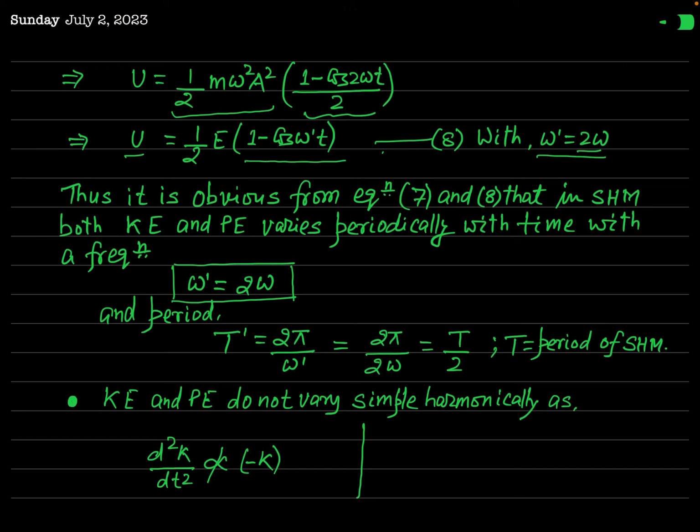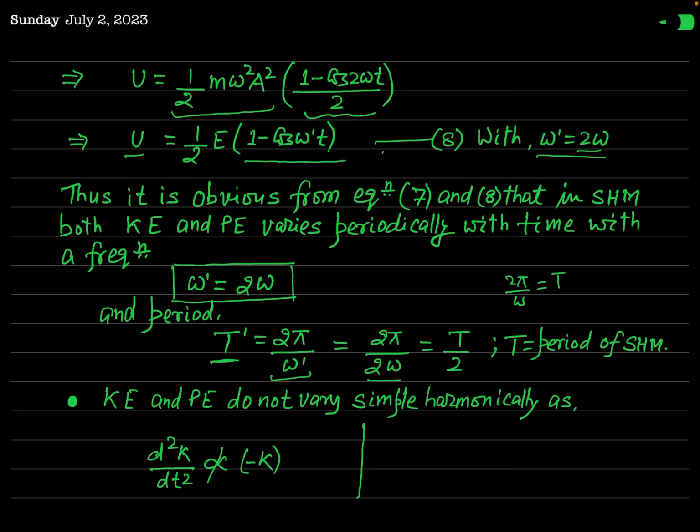Now, as frequency is twice, the time period will be just half, because if you want to find the time period of this variation, which I have denoted by the symbol T prime, what will be this? This will be 2 pi over omega prime. But omega prime, you have seen, is 2 omega, and now this becomes 2 pi over 2 omega. But 2 pi over omega is the time period of simple harmonic motion.